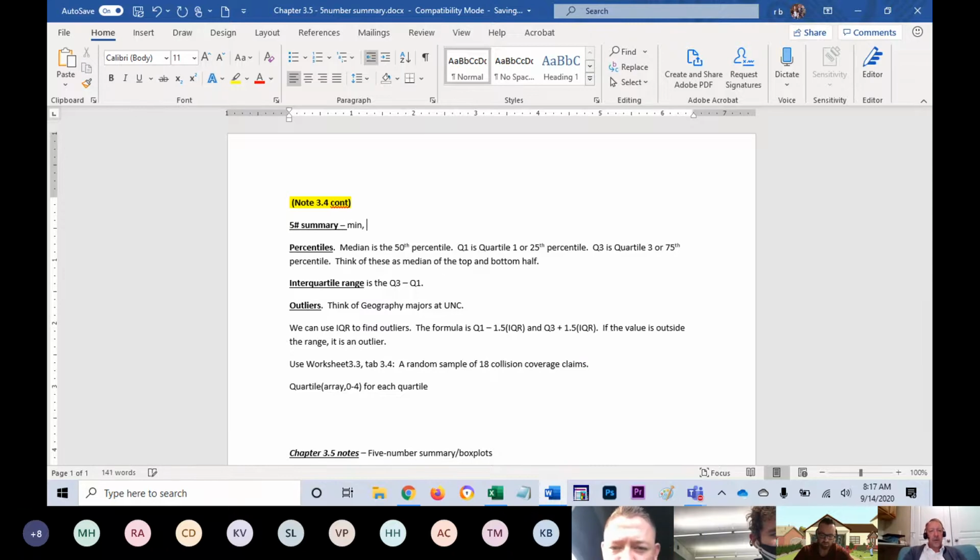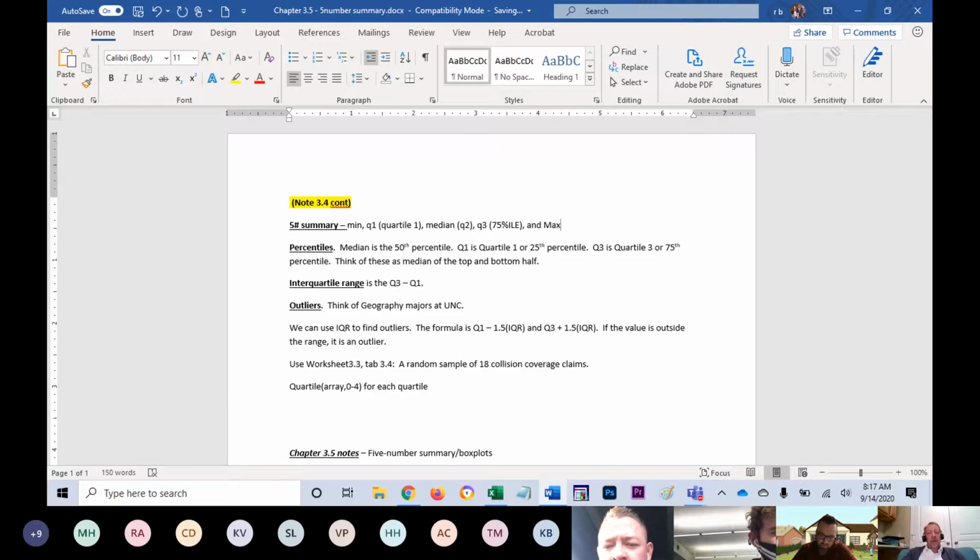the minimum, Q1, which is quartile 1, median, which you can also think of as quartile 2, quartile 3, which I'm going to put as the 75th percentile, and the max.